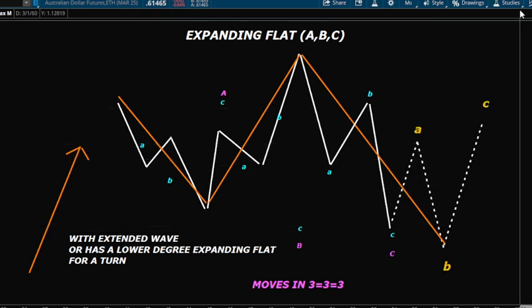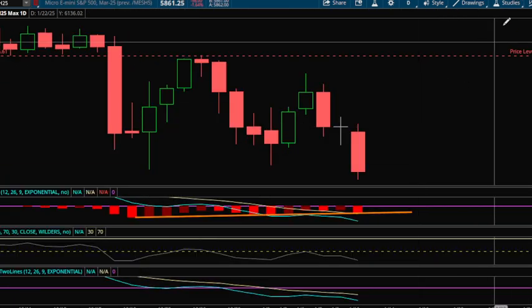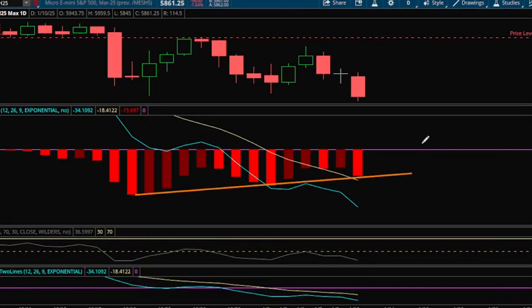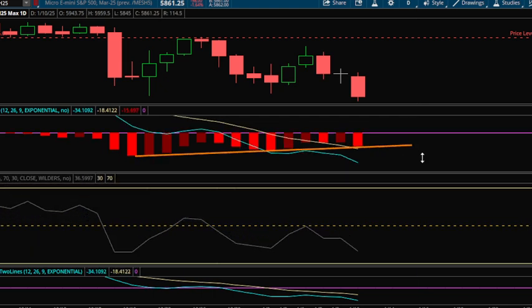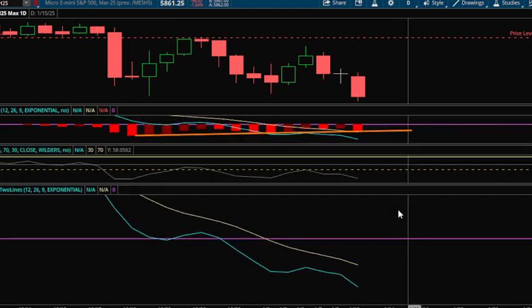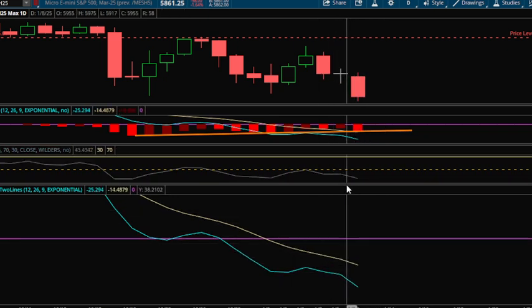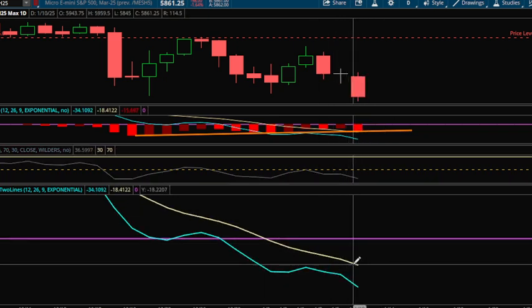But anyways, let's go back here to where we started. Okay, these are back to our MACD RSI indicators. Now, we indicated everything is bearish on the RSI and the 2 MACD lines.